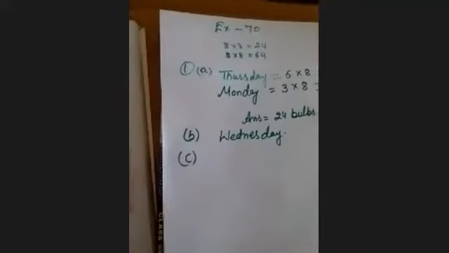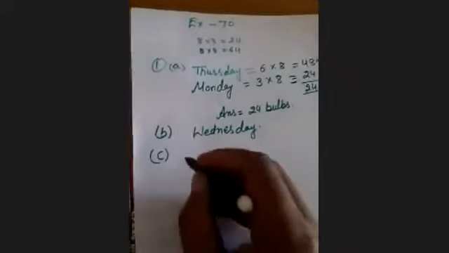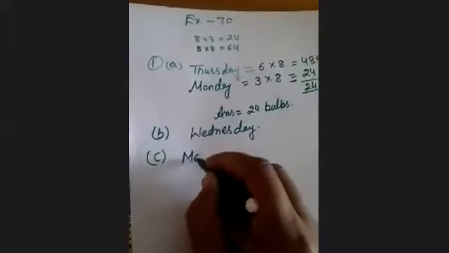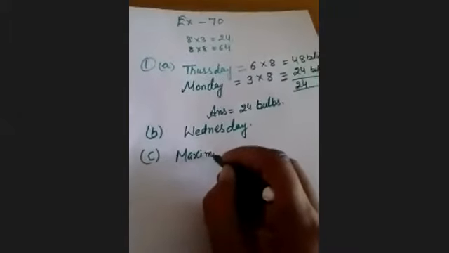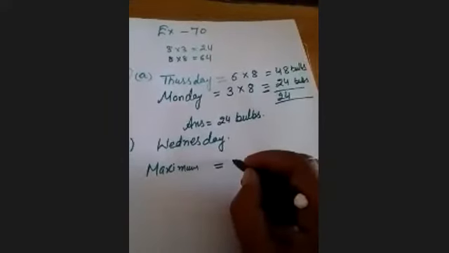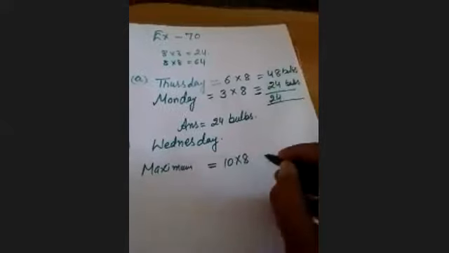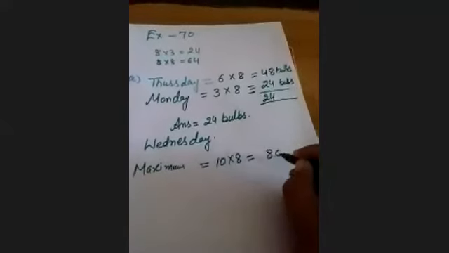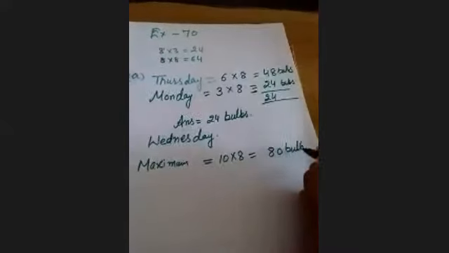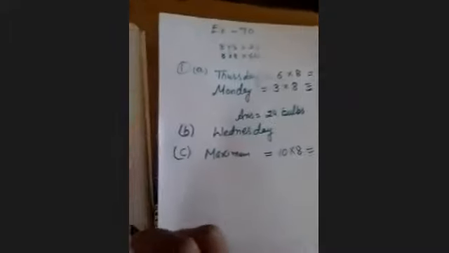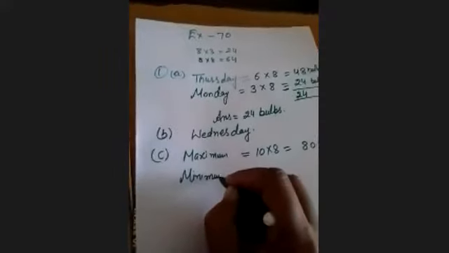Maximum bulbs are sold on Wednesday: 10 into 8, 80 bulbs. And minimum bulbs were sold on Monday.